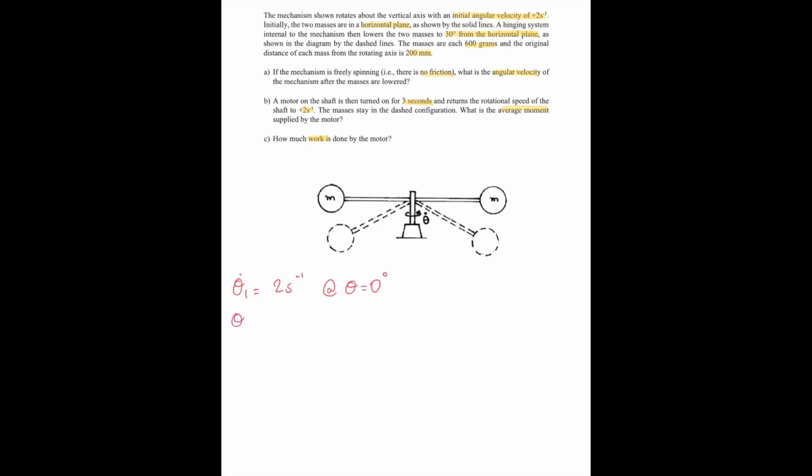And then for our second configuration, theta 2 is at 30 degrees. We also know the masses are equal to 600 grams, and the distance between the mass and the middle is basically 200 millimeters or 0.2 meters.